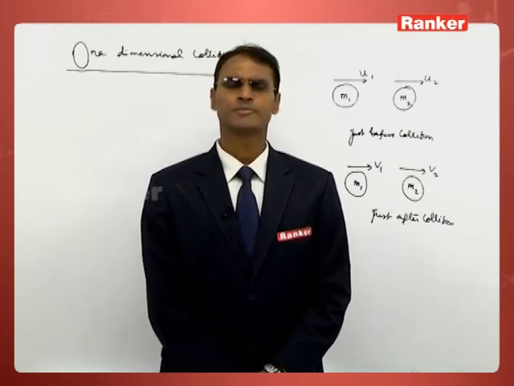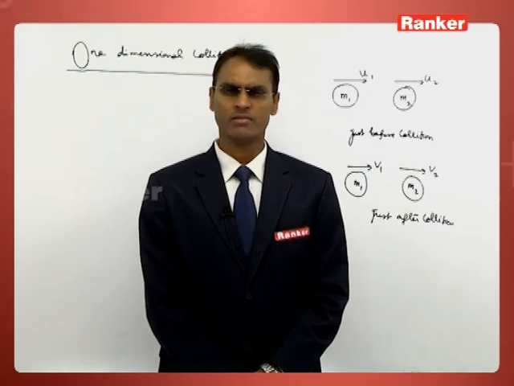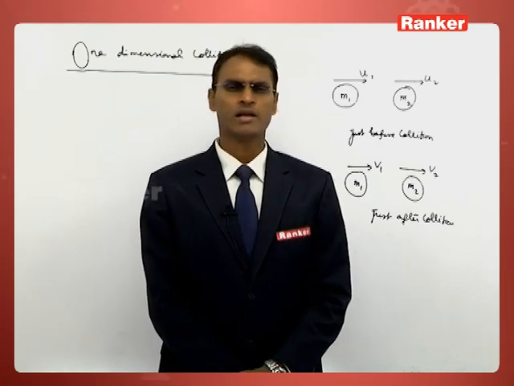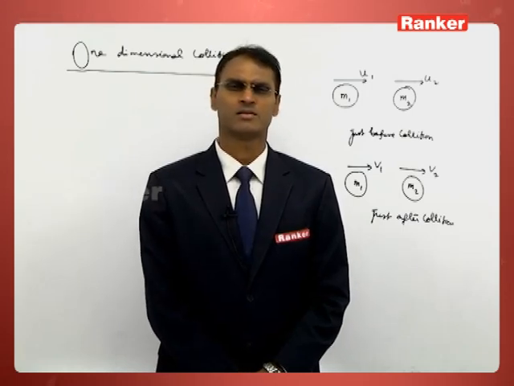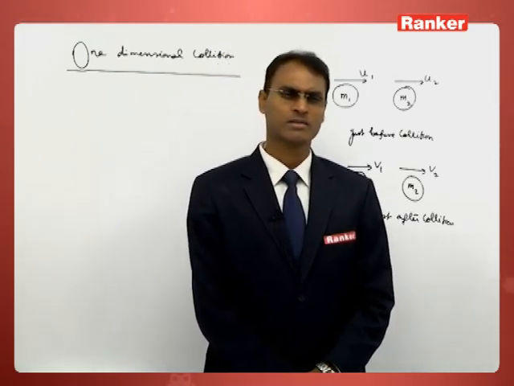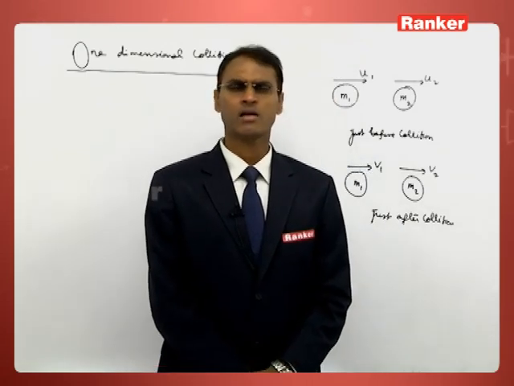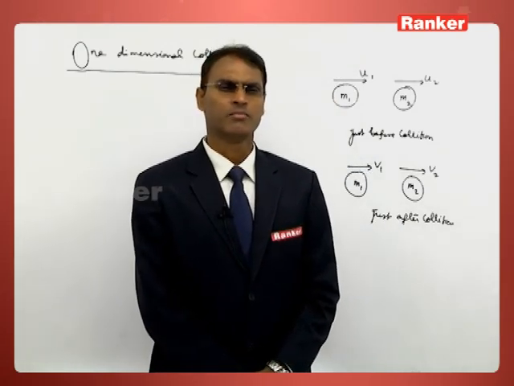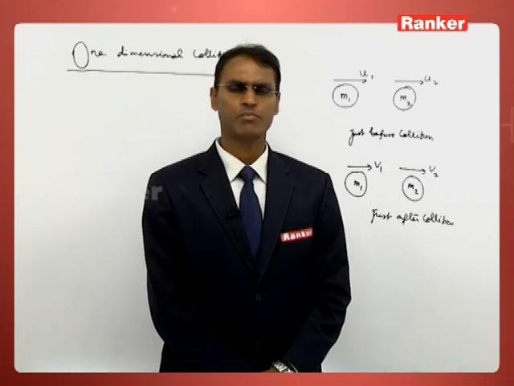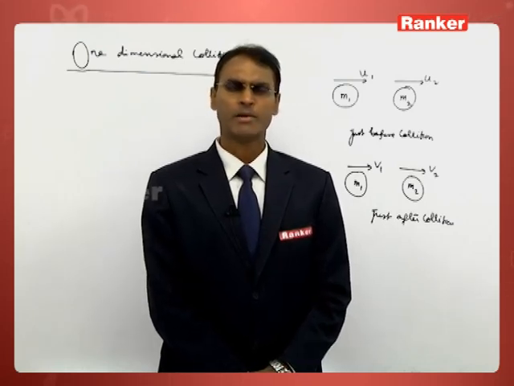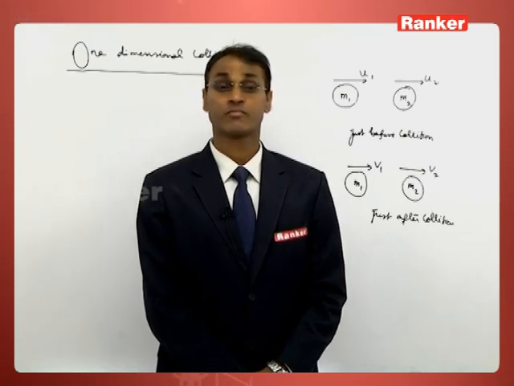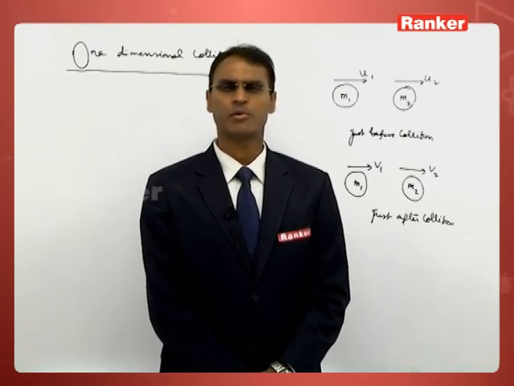Just after the collision, the relative velocity along the line of impact is called the velocity of separation, and just before the impact, the relative velocity between the colliding bodies along the line of impact is called the velocity of approach. Separation velocity is always less than approach velocity.